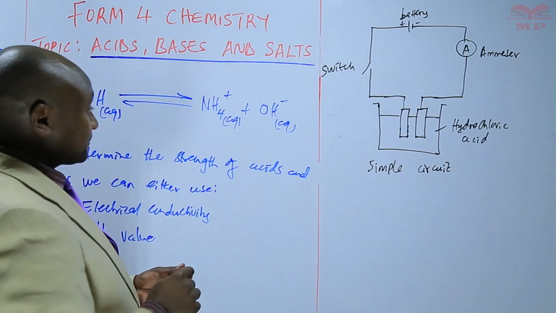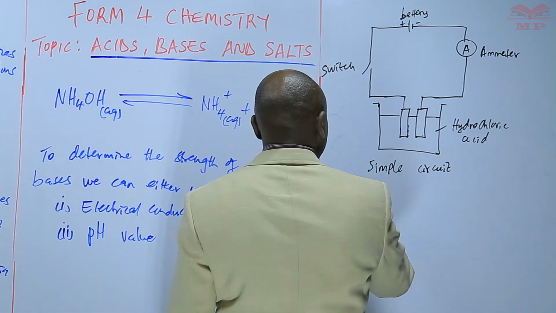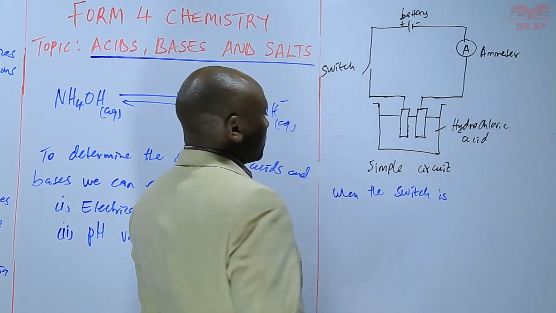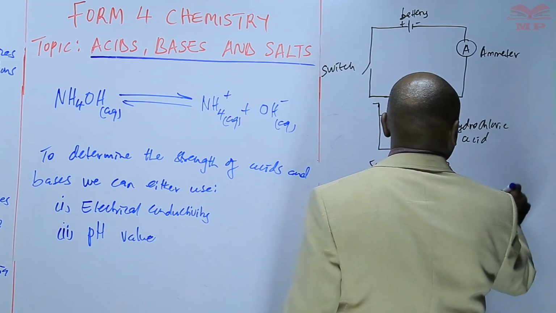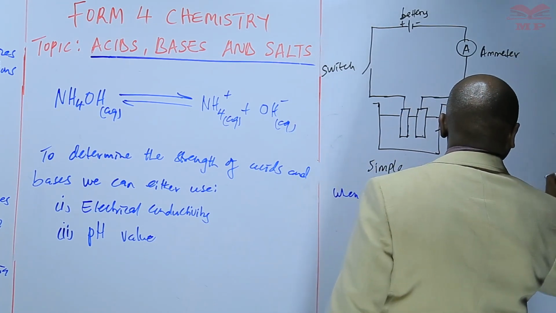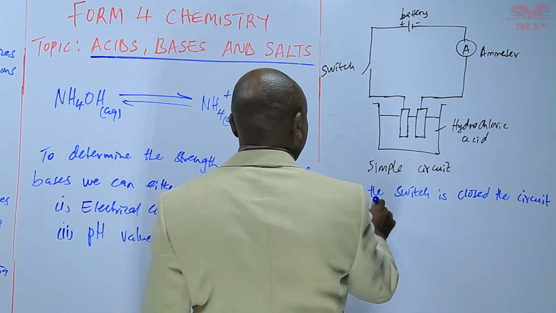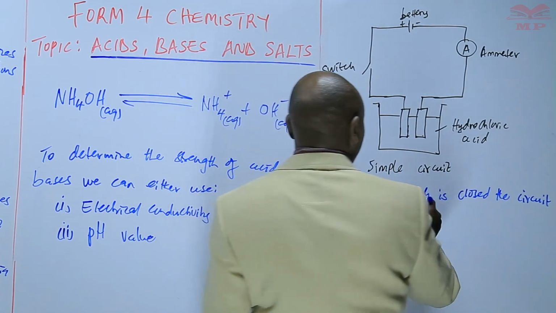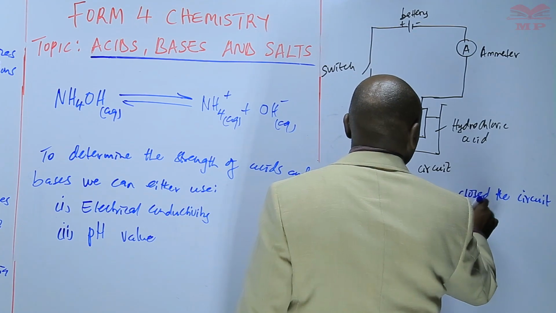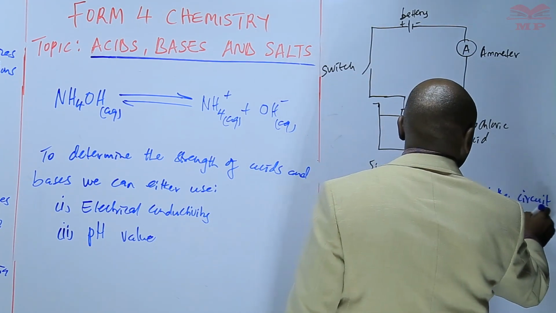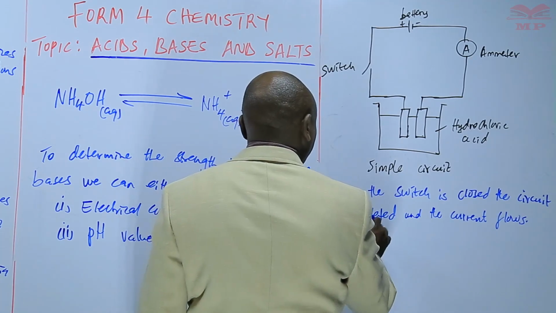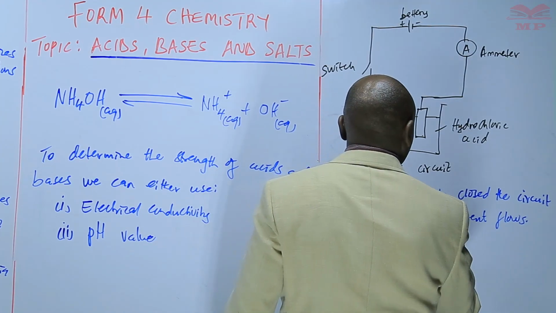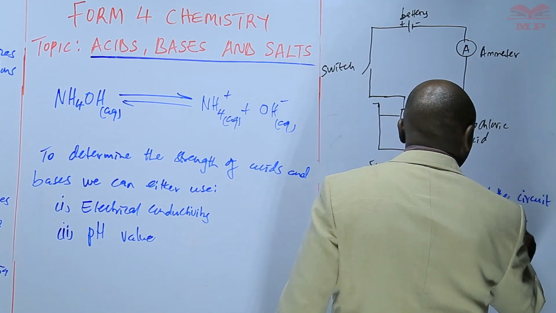So you can say in this diagram here that when the switch is closed, the circuit is completed, and the current flows. So the ammeter records a higher deflection.